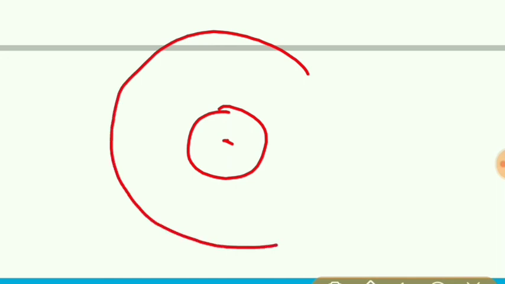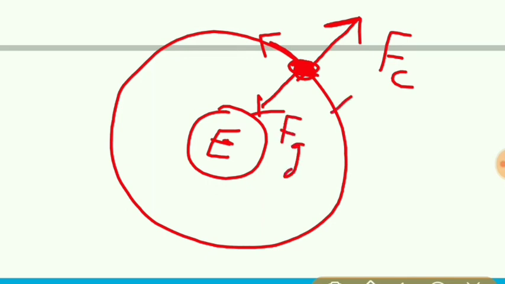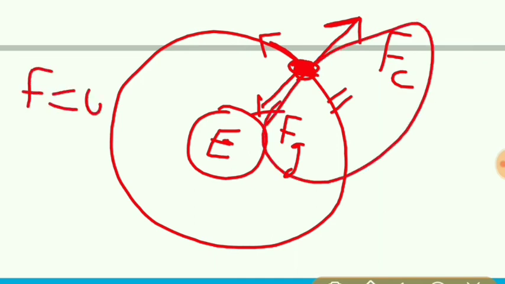It is because we know that a satellite revolves around the earth. So what happens when the satellite is revolving around the earth? The gravitational force exerts towards the center, and due to rotation of this satellite, one force is in the outward direction, that is centrifugal force. And when this gravitational force and centrifugal force are equal, the resultant force will be 0.